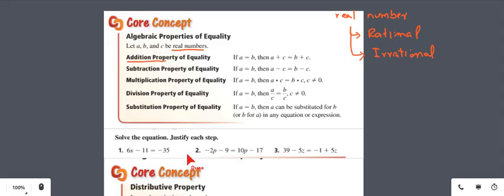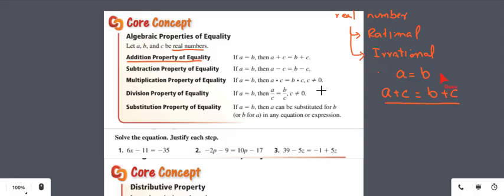It is the addition property of equality. Though it looks very difficult here, what it says is that if two real numbers are equal, meaning a is equal to b, and we add the same number c on both sides of the equality, the result will remain the same.